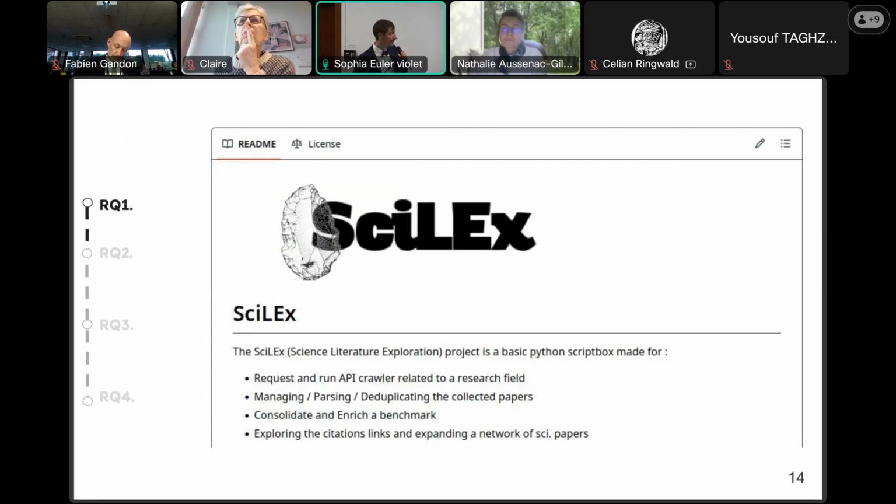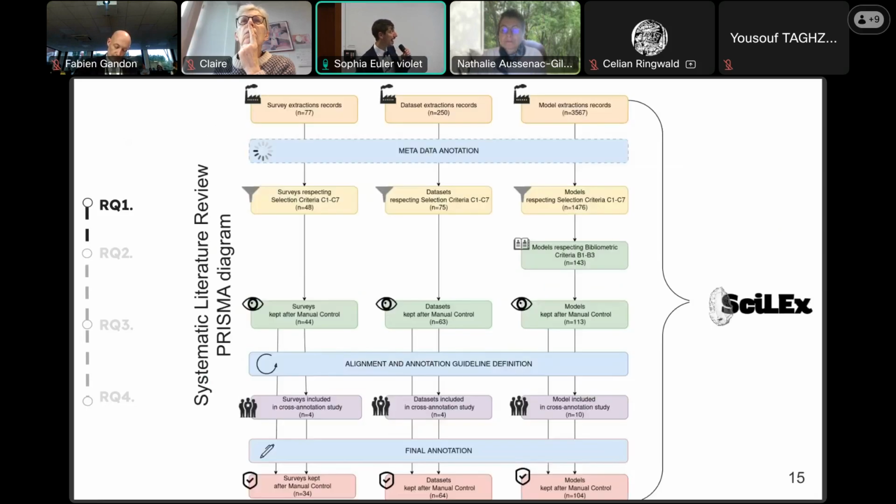In my context, I propose to focus on 3 types of articles: the surveys already published related to relation extraction, the datasets already published too, and the models that propose to solve this task. And Silex helps us to support each step of this systematic literature review, from the collection of articles from several digital libraries to the annotation of these articles.